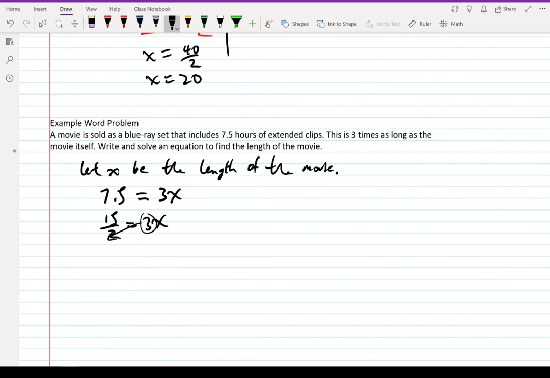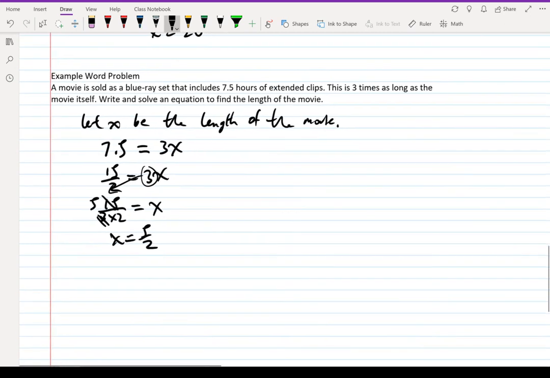So we have 15 over 3 times 2 is equal to x. I'm just showing my work. And then the 15 and the 3 will cancel out. That becomes 5 at the top. And so x is equal to 5 over 2 hours.